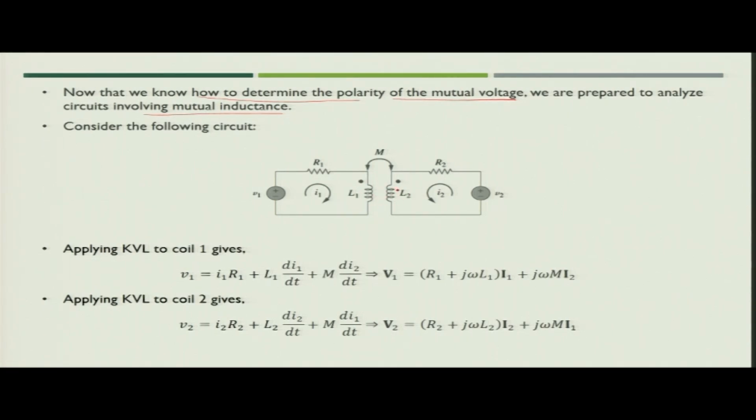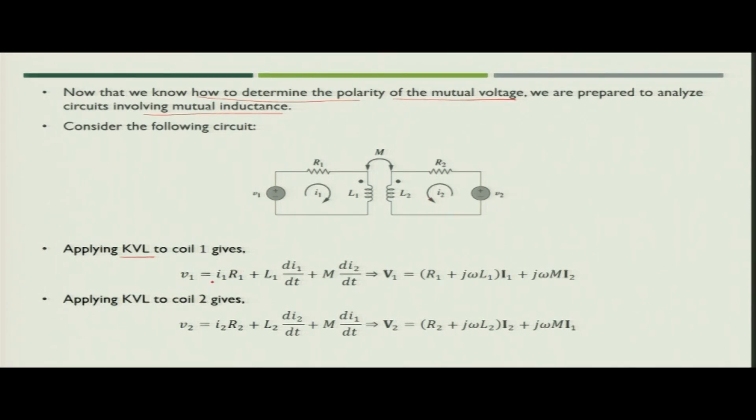So, these two are magnetically coupled. We can use Kirchhoff's voltage law to write the equations for both of the meshes. Let us say that the current I1 in this mesh is in this direction and I2 is in this direction.